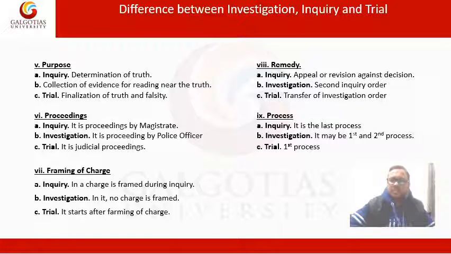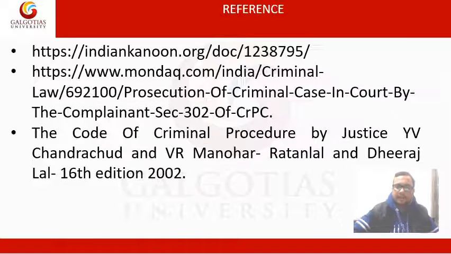It can be a revision, it can be an appeal, it can be a review as well. The process of an inquiry, normally, is the second process. Investigation is the first process and trial normally is the last process in the whole proceedings of investigation, inquiry and trial.